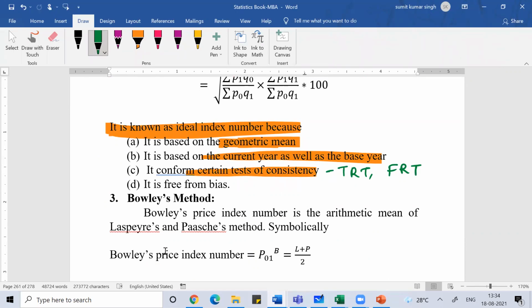If you take the geometric mean of Laspeyres and Paasche, that is called the Fisher ideal index number method, while if you take the arithmetic mean of Laspeyres and Paasche, then it is called the Drobisch-Bowley method. Clear, everyone? Anyone, any doubt?